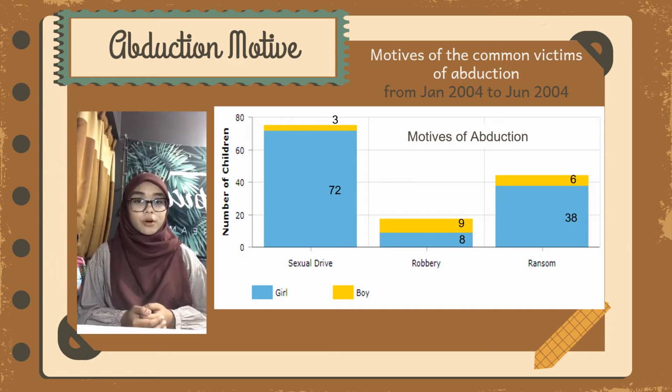The number of boys abducted for robbery is slightly higher than girls. For the next bar, the graph rises to 44 children. Children abducted for ransom was significantly higher than robbery. Girls were more likely to be abducted for ransom than boys.